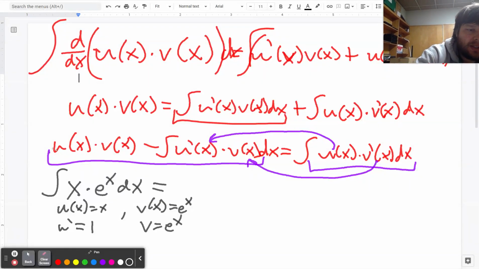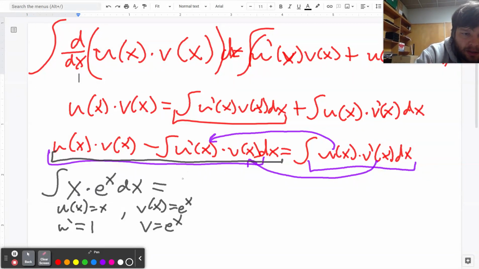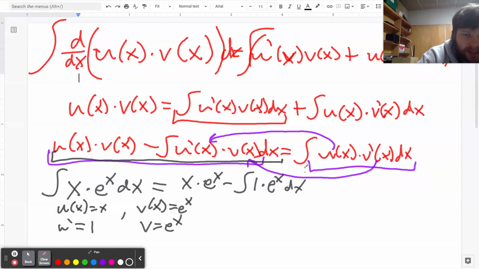So I can use this, and now I'm rewriting it as the left-hand side, u times v minus the integral of u prime, 1, times v of x again, e to the x dx.